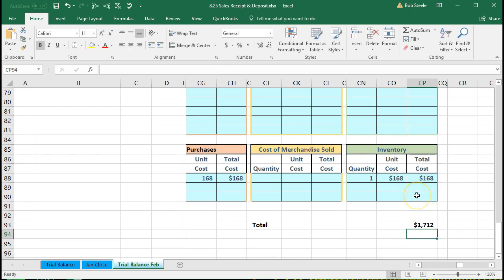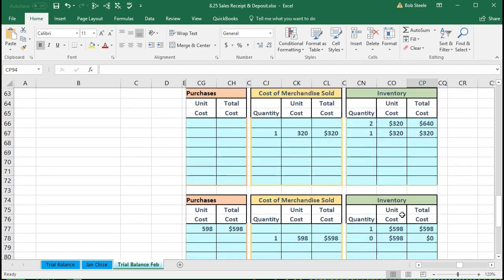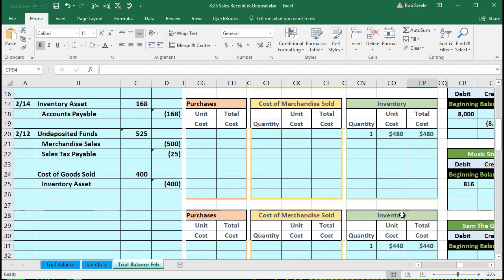So that's that 1,712. Once we complete the journal entry, once we post the journal entry, we hope that this will be the amount in the inventory amount for the trial balance and general ledger.